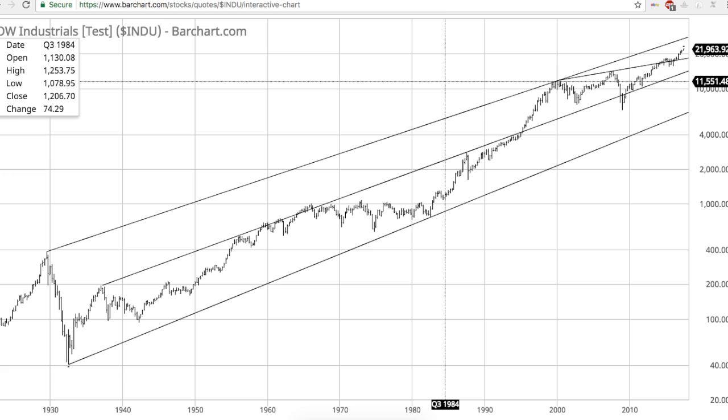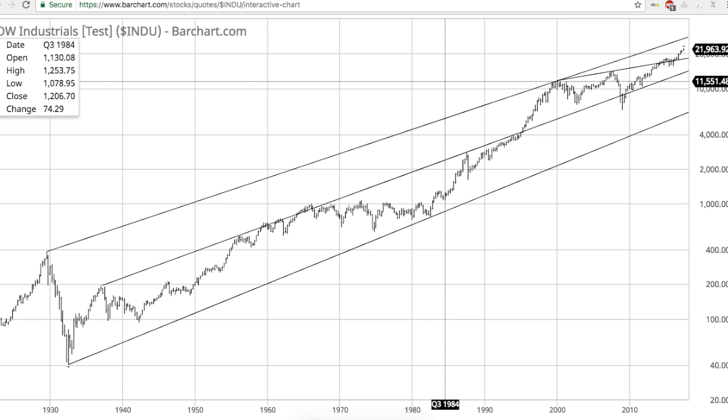So the high was 386.10 in 1929, and then the low was in the third quarter of 1932 at 40.56. And as you can see, I've drawn basically 3 long-term trend lines, and I've also drawn a shorter-term trend line taking the high in 2000 and the high in 2007.